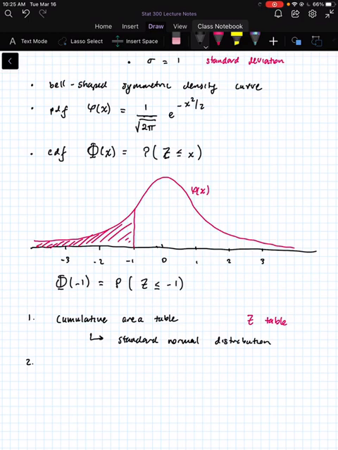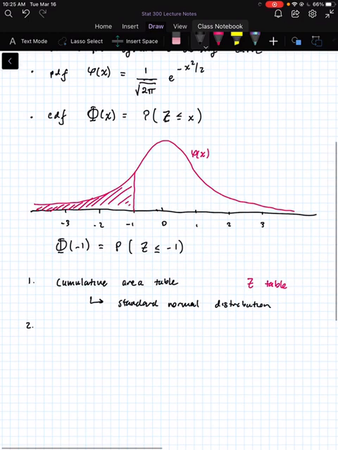Secondly, and this is why having a TI-84 is so important, or if you have an 83, that'll work too. The TI-84 has a function called normal CDF. This function is under the distribution menu. We'll never use normal PDF, so just wipe that from your mind. Don't even think about it.